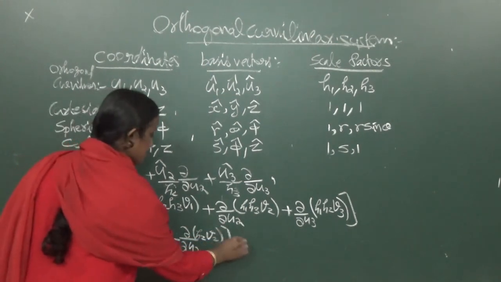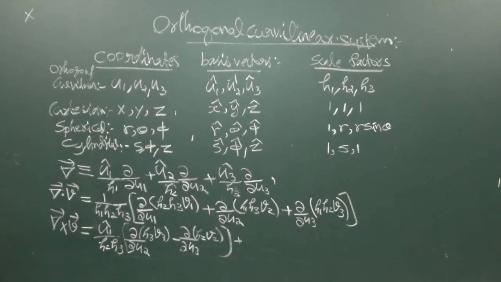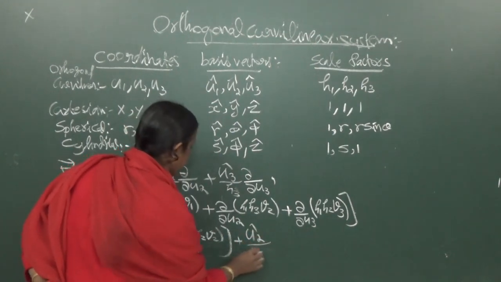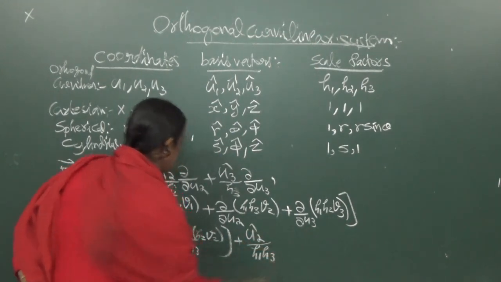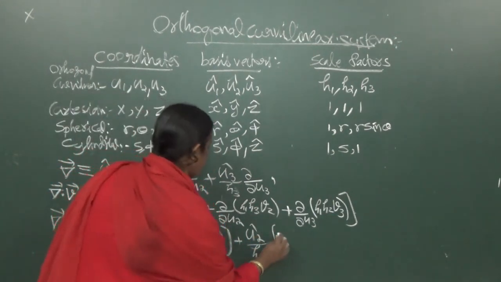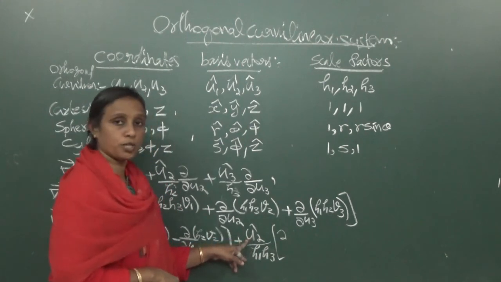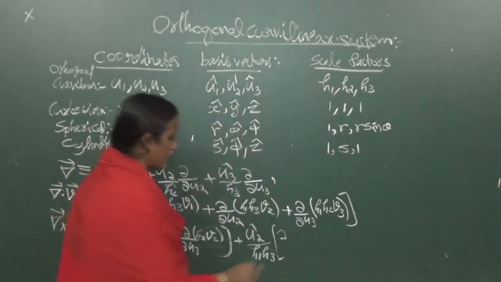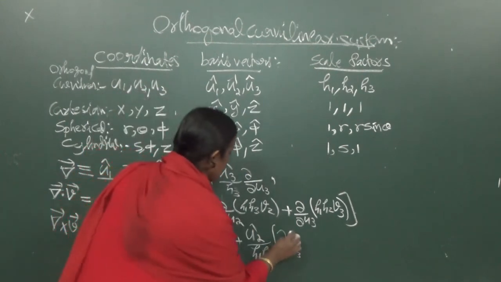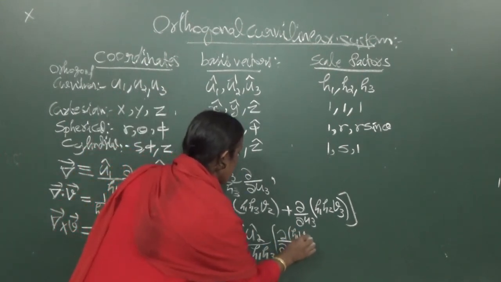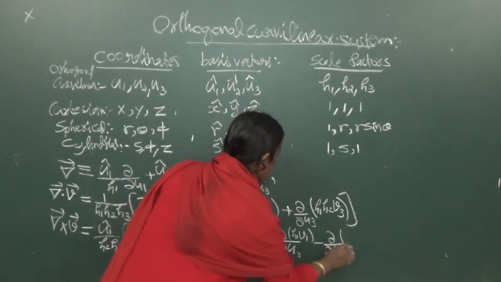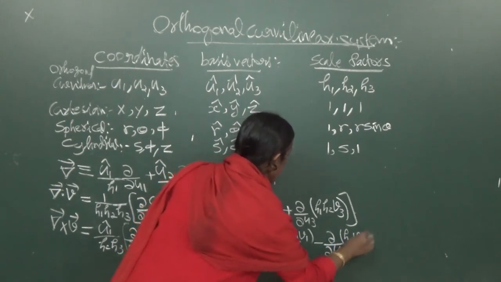Plus u2 cap by h1, h3. In order to get u2 cap you need 3 cross 1, right? So dou by dou u3 first, inside this h1 v1, minus dou by dou u1 inside this h3 v3.